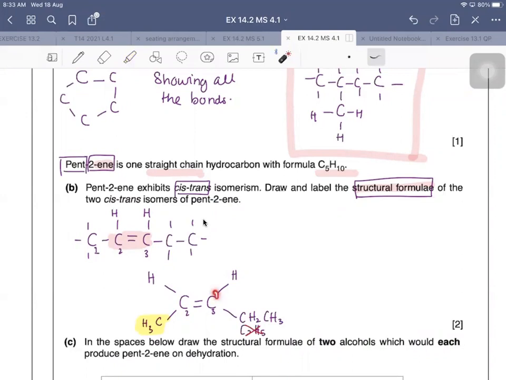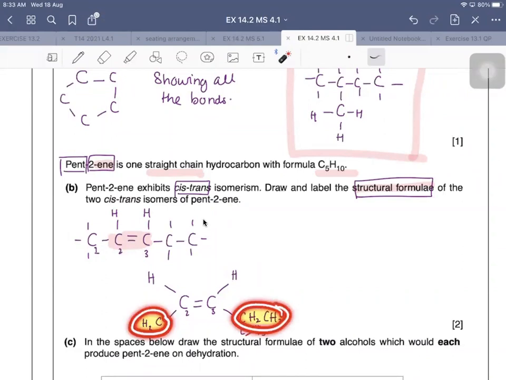Moving on to carbon 3, we want to find the priority group again. You have hydrogen and CH2CH3, which is an ethyl group. Okay, so this is considered an alkyl group. So obviously CH2CH3 is a priority group. So because the priority groups are on the same side, we call this cis.